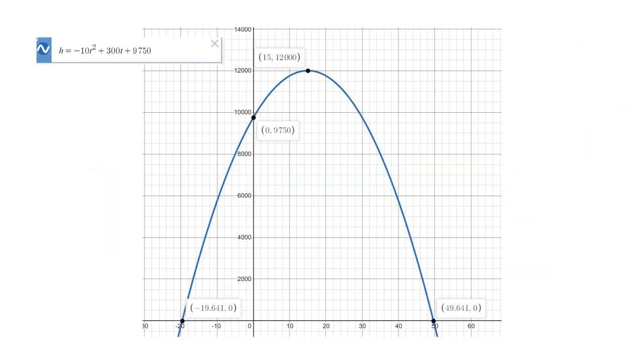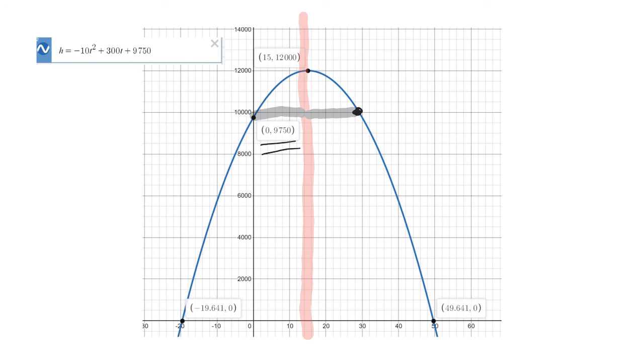So here we have our graph, right? And remember, a long time ago, we took a look at this thing called the axis of symmetry, right? You know that the distance from, say, here to here is the same as the distance from here to here, isn't it? Which means that our matching height is going to be right here on our parabola. And remember that that point there was 0, 9750 for our starting time and height, right?